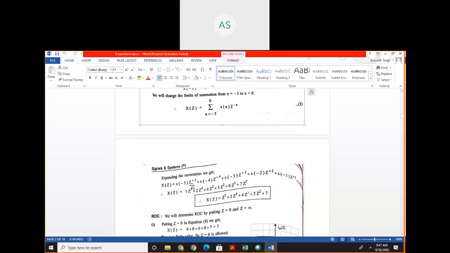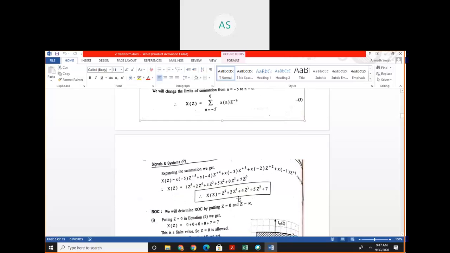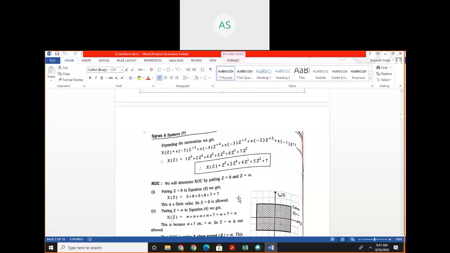Then solving this expression, we get X of z is equal to x of minus 5 multiplied by, when n is equal to minus 5, z raised to the plus 5. Similarly, we get this term when n is minus 4, minus 3, minus 2, minus 1 and 0.